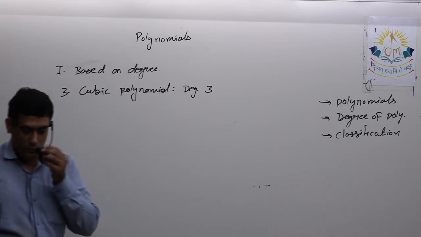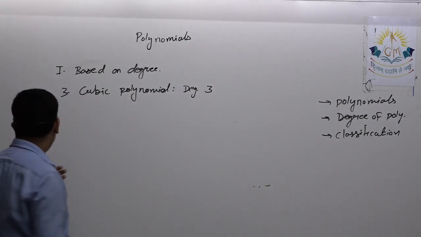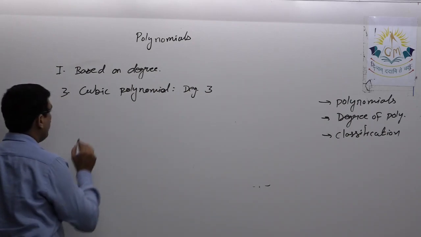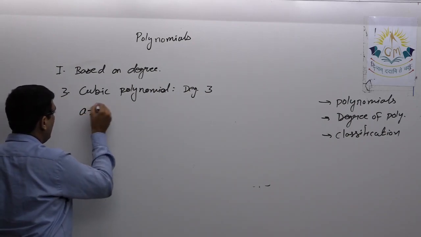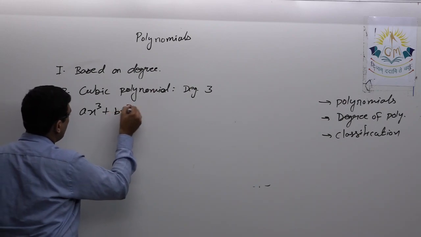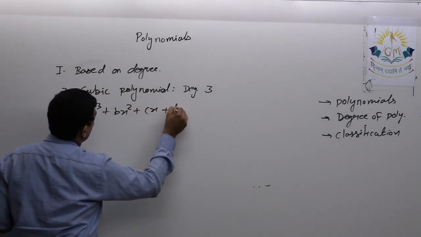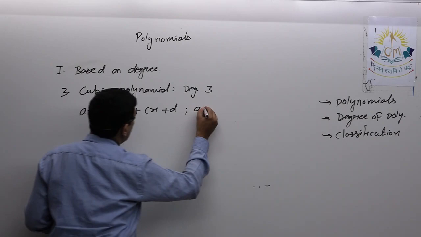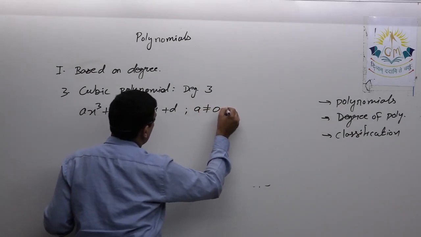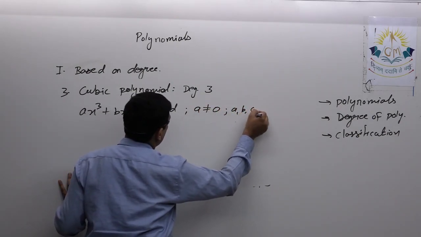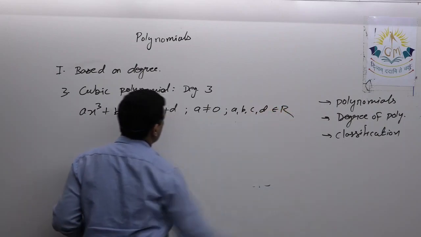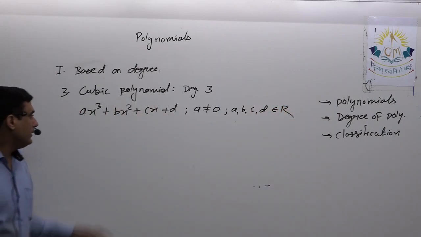A polynomial whose degree is 3 is called a cubic polynomial. The standard form is ax cube plus bx square plus cx plus d. Again, the leading coefficient, that is a, should not be equal to 0. Also a, b, c and d belong to real numbers. They should be real numbers.